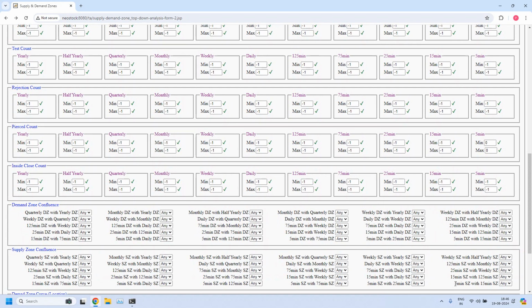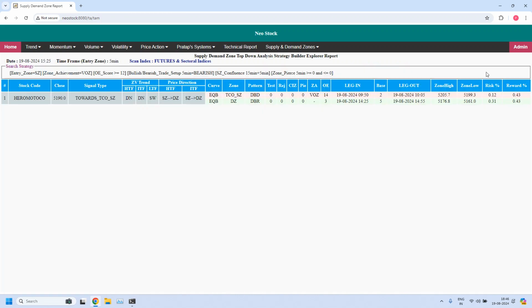So this is the 5 minute supply zone with 15 minute supply zone. I enabled this option. Now let's verify. Only one stock, Hero Motor, supply zone is having confluence with 15 minutes time frame.